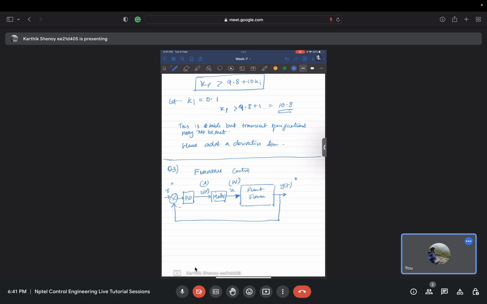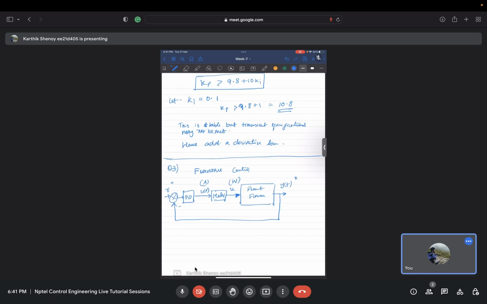Let's say initially my R of t is 1200 degrees. It's a step input, I won't write it as u of t, but it's a step input.